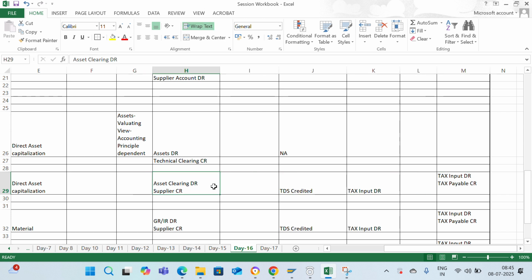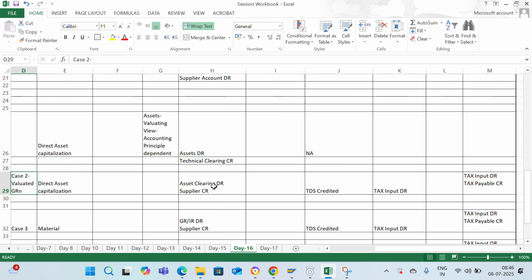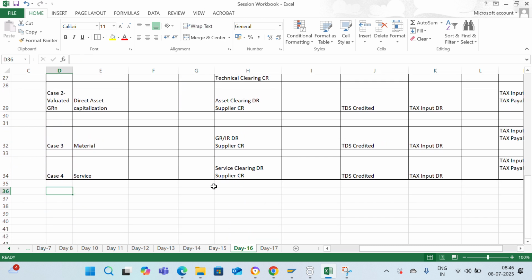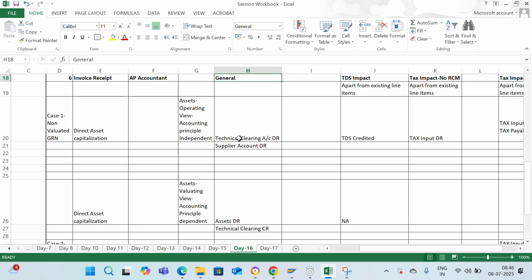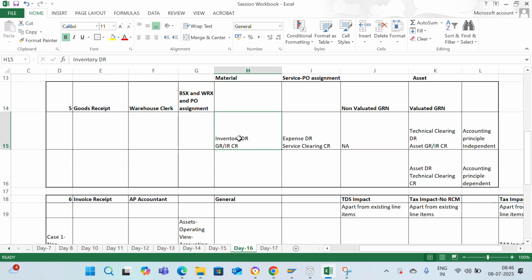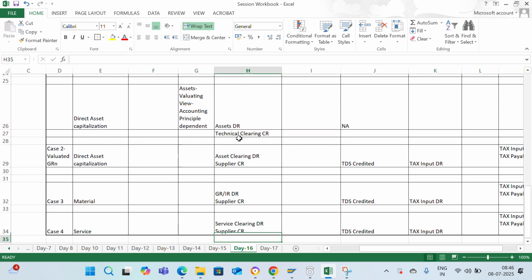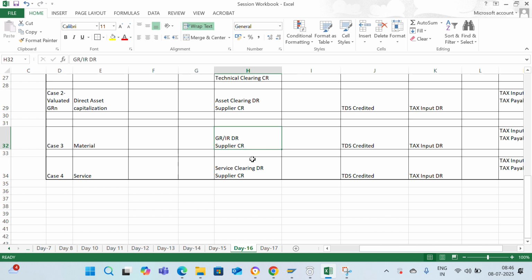And these entries are based on the journal entry guiding principle that we discussed in our earlier sessions. Now, case 3, if it is for a material PO, we know that the entry is posted at the time of GRN, wherein the GRIR account was credited. So now here the GRIR account is debited, and in turn the supplier account is credited.